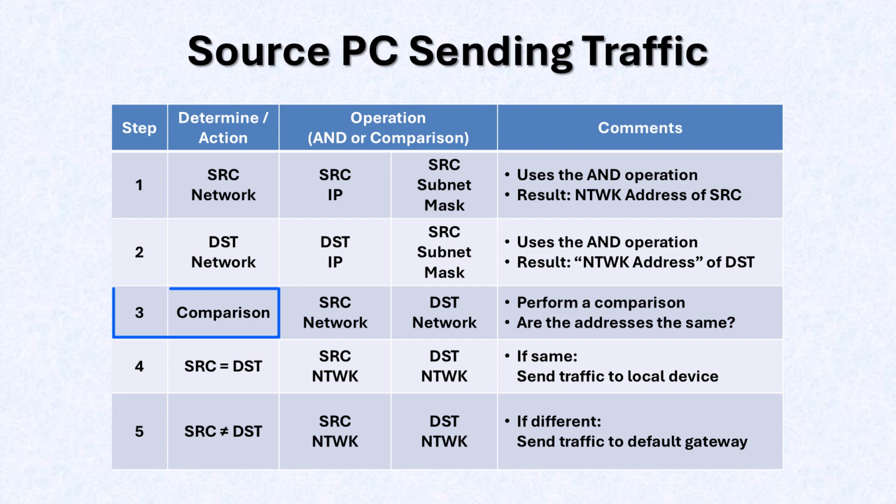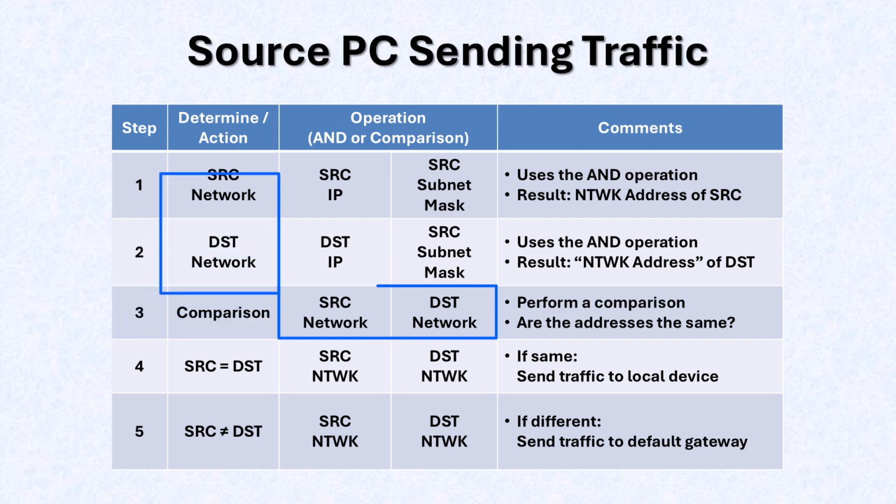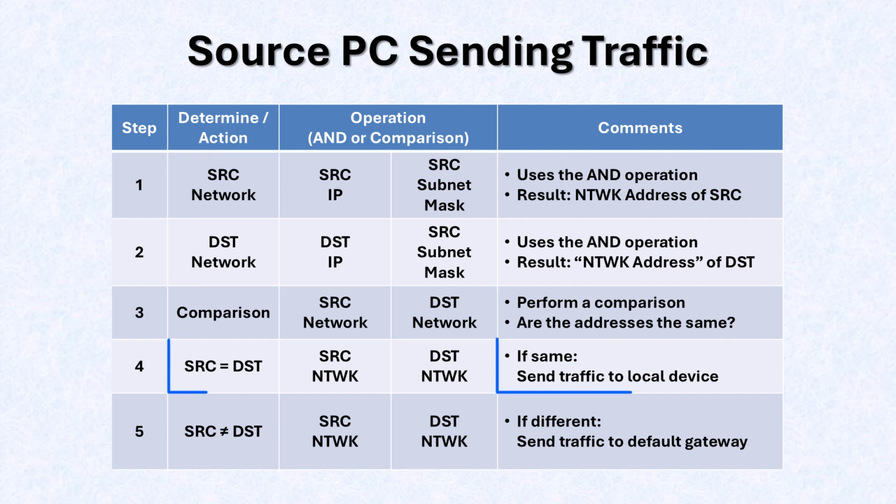In step 3, it compares the resulting addresses in steps 1 and 2. If they are the same, it will send traffic directly to the device in the local network.